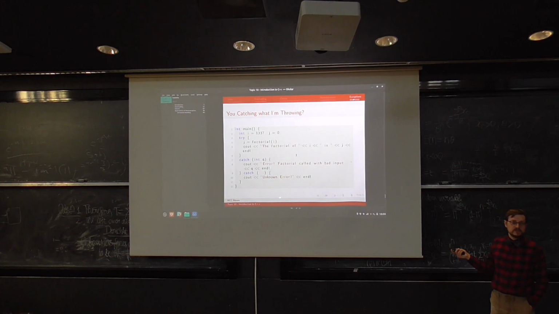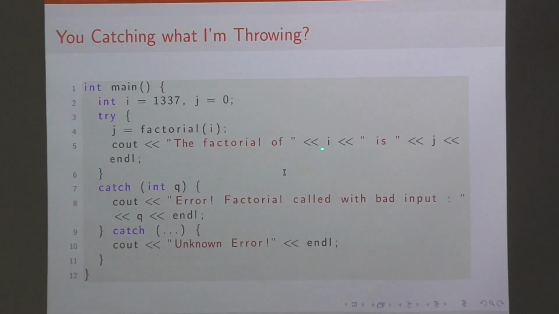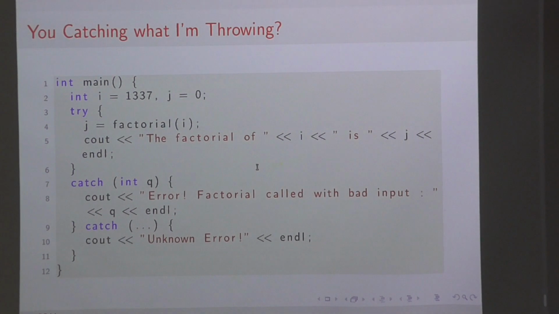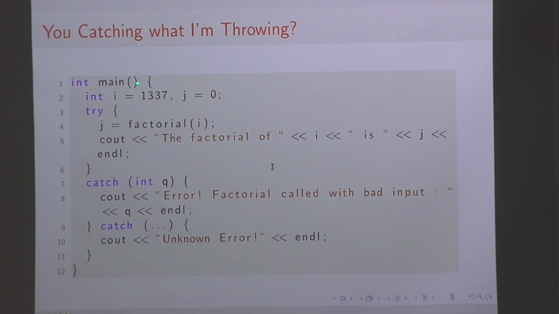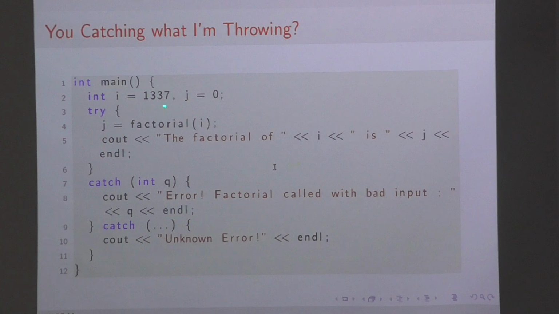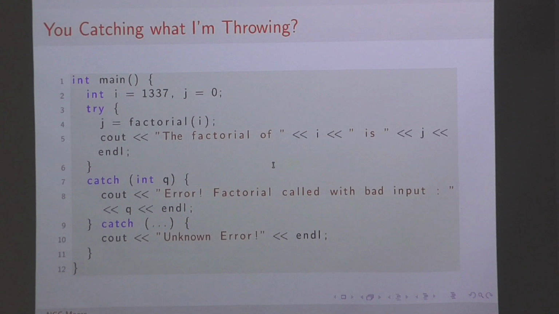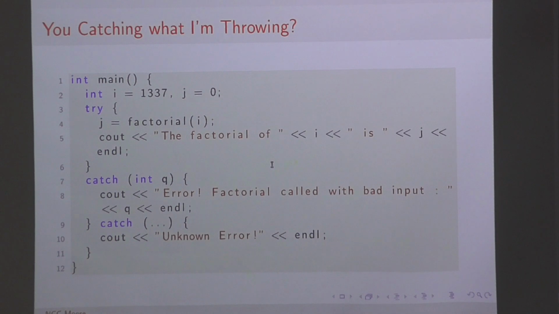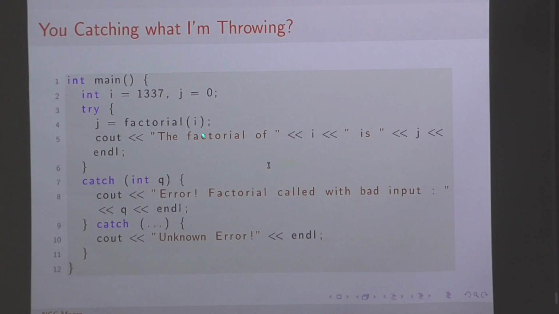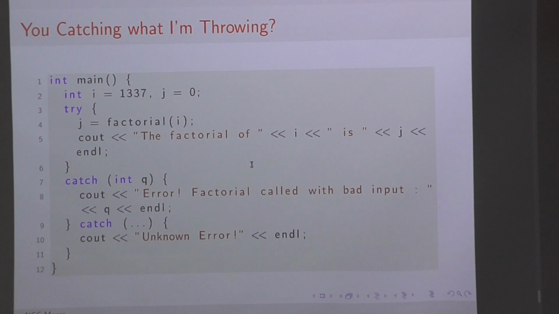So let's consider now the way that we catch these errors. In main, we have i, which is 1337, coincidentally, and we have j, which is 0. We have the try block. The way that a try block works, we put a series of statements inside of a try block.